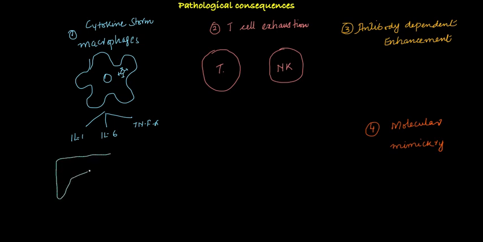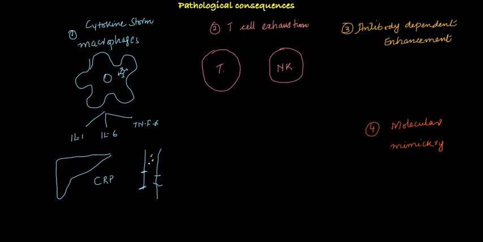They act on, for example, the liver, and the liver then produces a lot of CRP in response to IL-1 and IL-6. They act on the brain and on the blood vessels, and they result in increased permeability of the blood vessels.